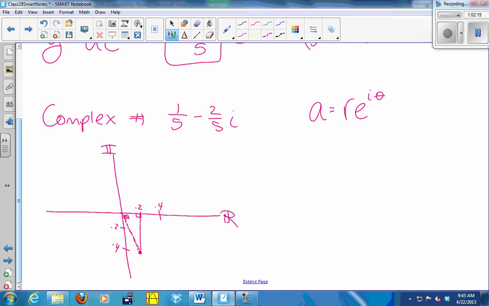For our purposes, it's not going to matter, because the trig functions are periodic. It's going to end up working out fine if you just find that acute angle.